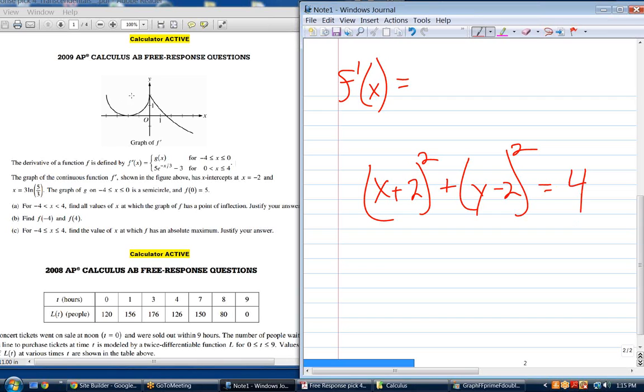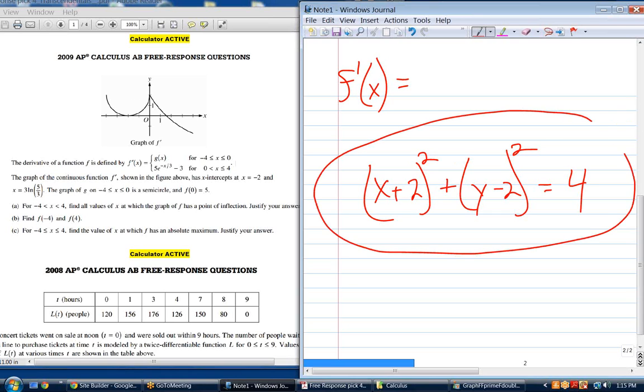So that is the equation of that circle that has a center at minus 2, plus 2. From your conic sections, that's the equation. Oh man, and that's the first derivative. So then you'd have to integrate that?